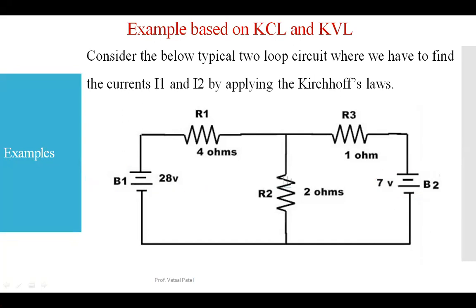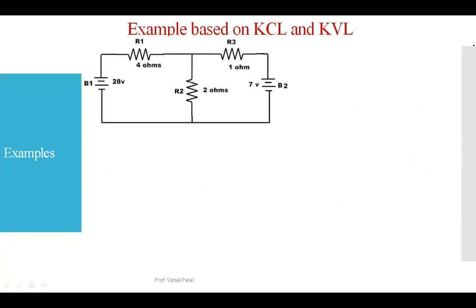So first of all, in this circuit diagram, I will assume the loop. According to this 28 volts, suppose the current I1 is flowing here. I am assuming according to the battery position, it is plus here, minus here, plus here, minus here.